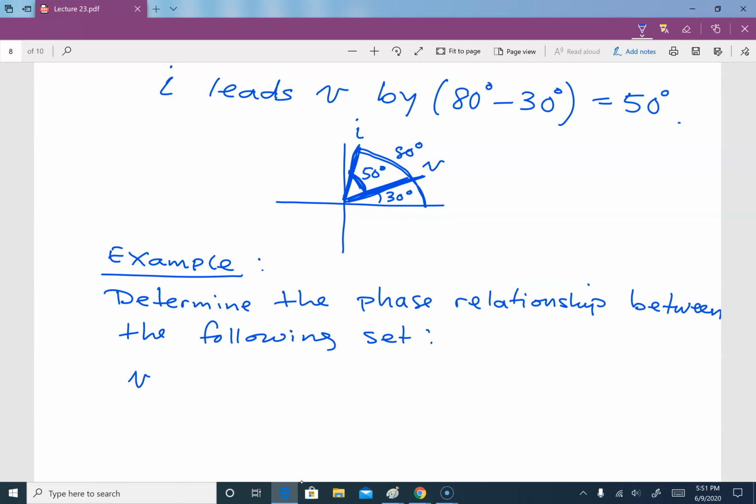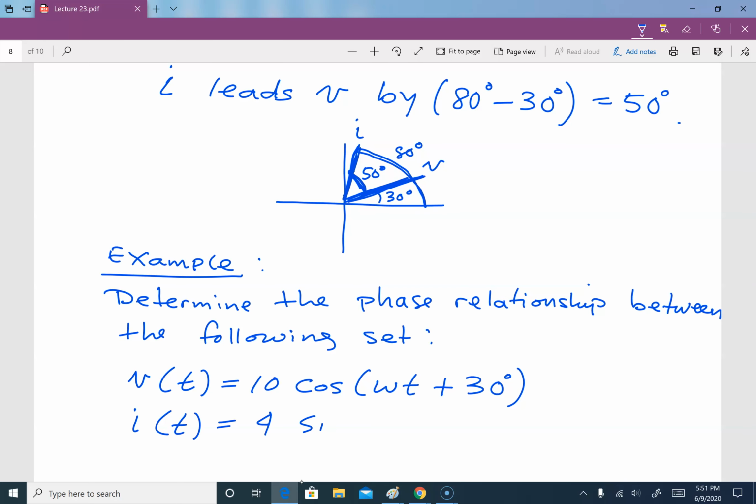We have V of t equal to 10 cosine of omega t plus 30 degrees, and I of t is equal to 4 sine omega t plus 80 degrees.